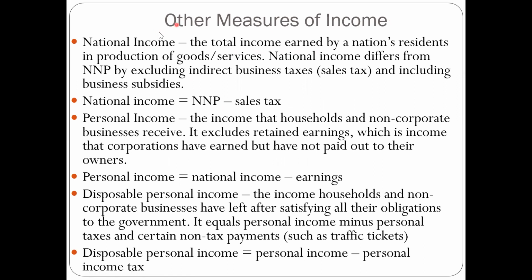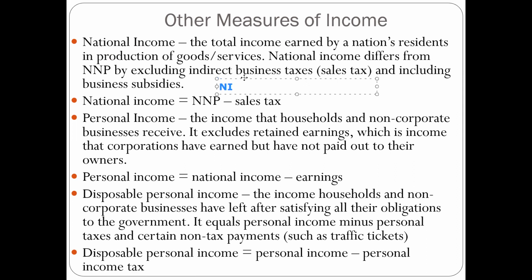We have the national income. And the national income is the total income earned by a nation's residents in production of goods and services. So here we have a focus on the nation's residents, السكان المحليين. And the national income, we abbreviate it NI. This is the national income.